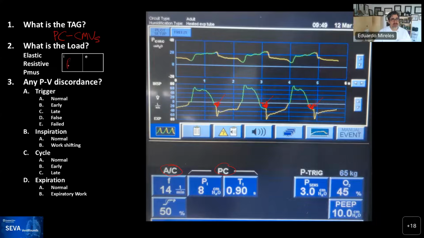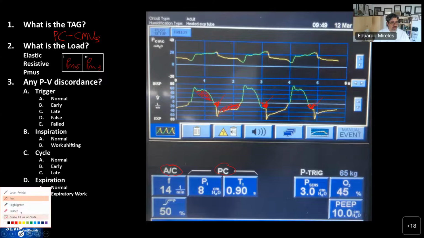During inspiration, we talked about some work shifting, although the pressure is not dropping below baseline, but the patient is doing more work during inspiration. And then the cycling is late, as we pointed out here, the patient is exhaling during inspiration. Now, some ventilators don't let you exhale until you reach a certain threshold. This one lets you exhale if you want.